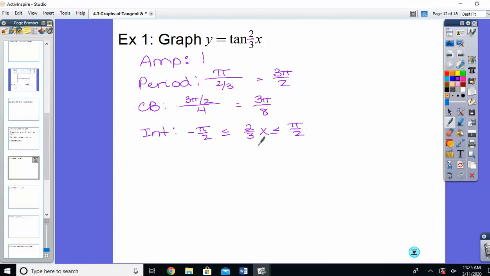So if I want to solve for x, I'll divide everything by 2/3, or think of it as multiplying by 3 over 2. So we get negative 3 pi over 4 less than or equal to x less than or equal to positive 3 pi over 4.